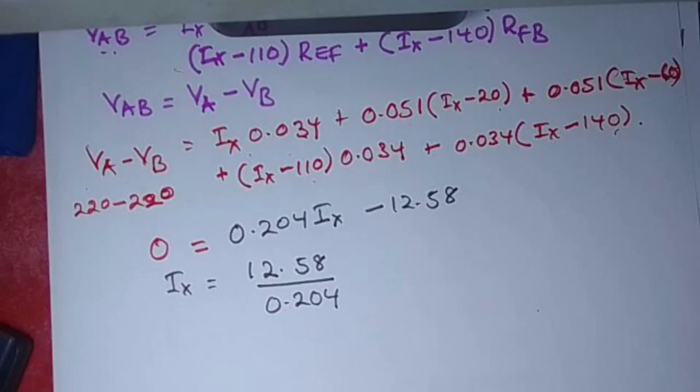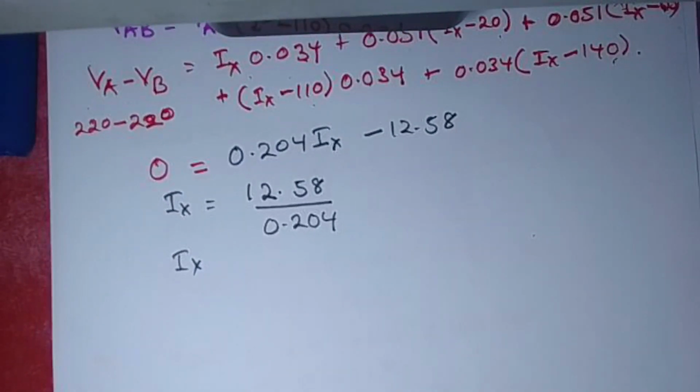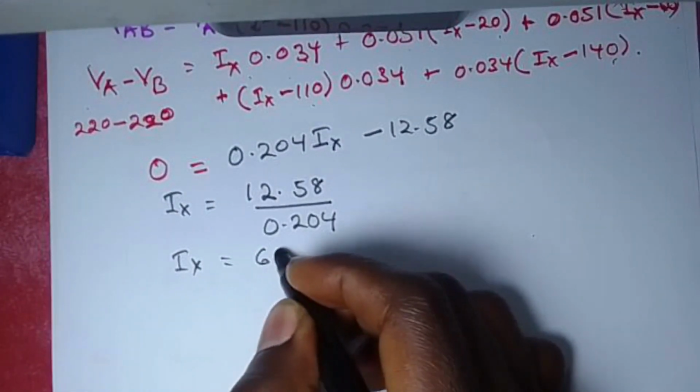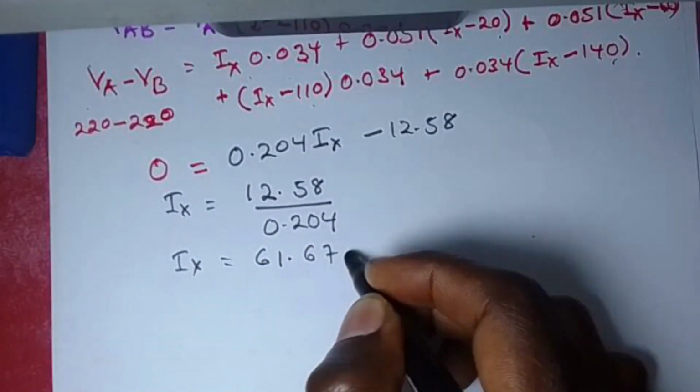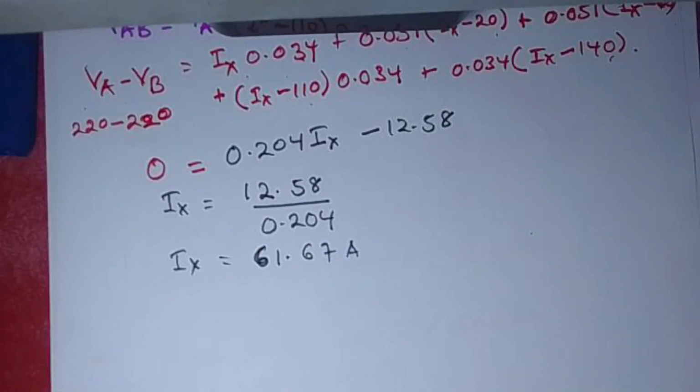Pressing that on the calculator, we shall have 12.58 divided by 0.204, and we have our current Ix being equal to 61.67 amps. So that is my value of current Ix.